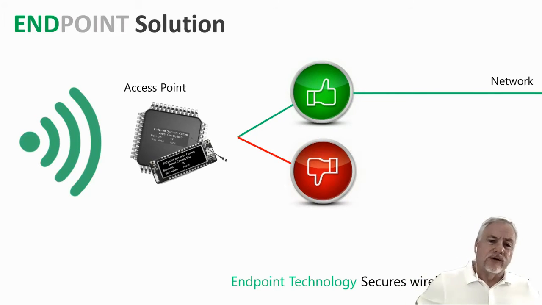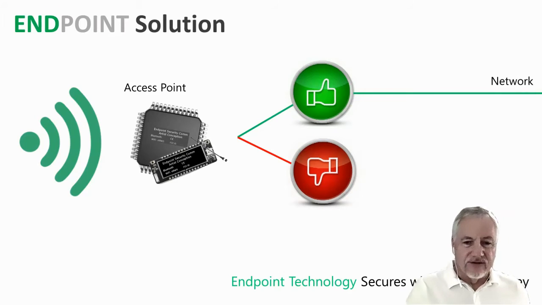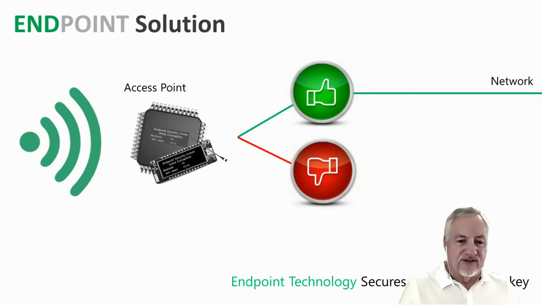We originally thought we were going to design a new chipset in order to do this, but it turns out that industrial routers and gateways have plenty of electronics to handle what we're doing. So we won't even have to do that. We will simply license the technology to access point manufacturers.